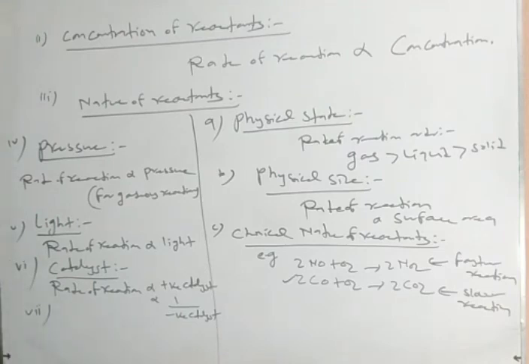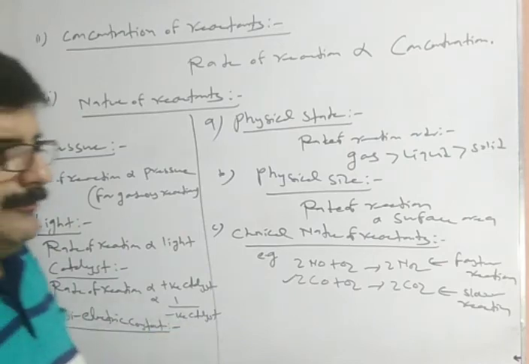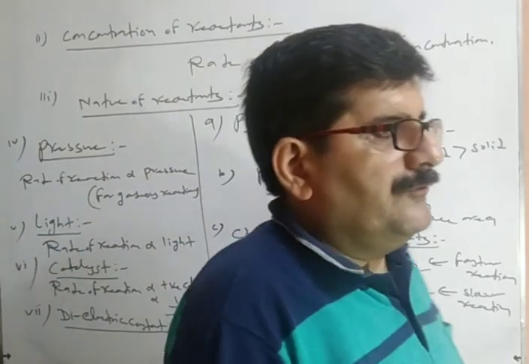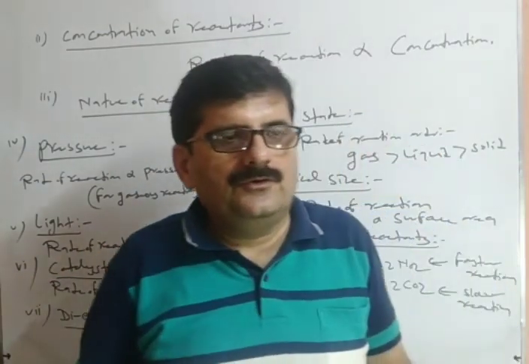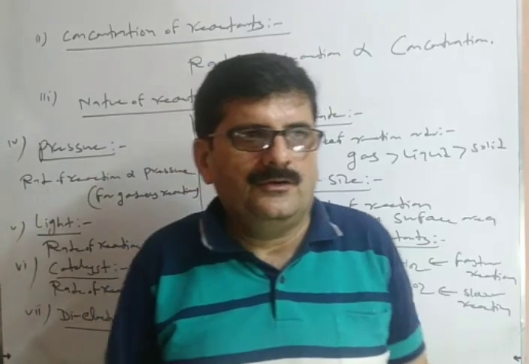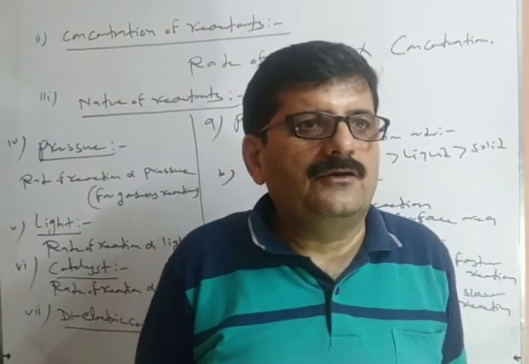Seventh, dielectric constant. This term is applicable for solvent. For solvent, if dielectric constant is higher, then ionic reaction becomes faster.